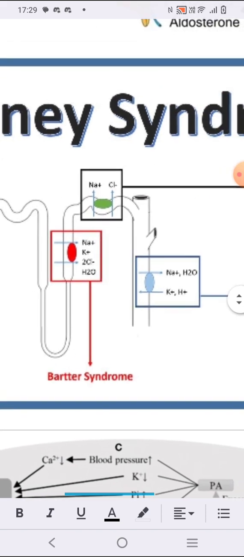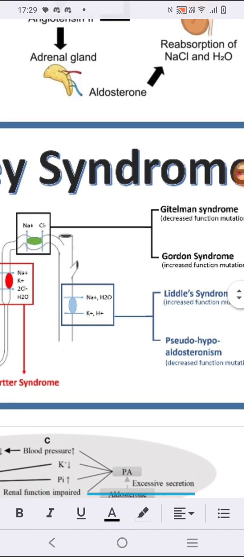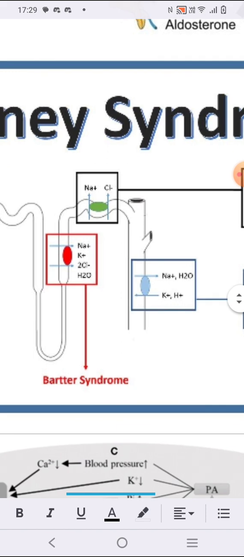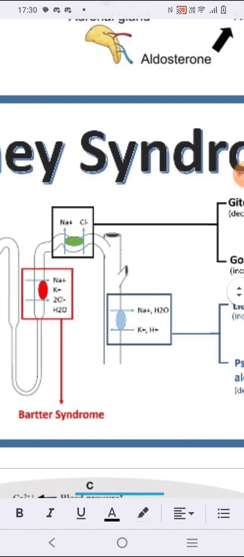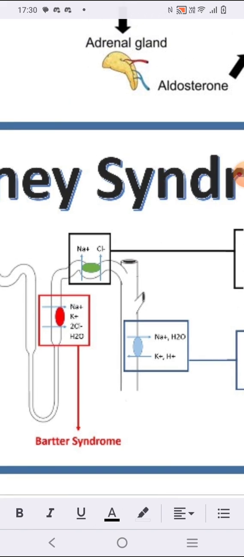And I want to tell you about Gitelman syndrome as well, because it acts like thiazide, and we always compare thiazide and furosemide, right? It's an inhibitory mutation, acts like thiazide, so it inhibits the sodium chloride symporter. You lose sodium, you lose water, okay?